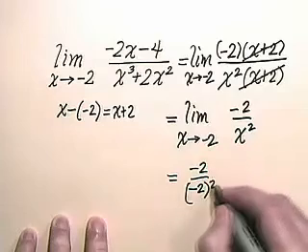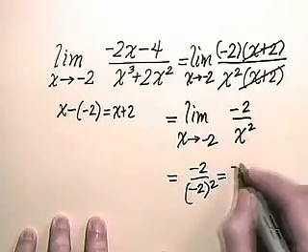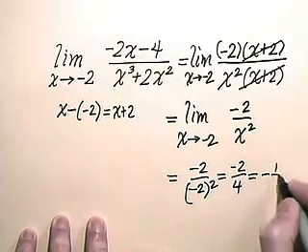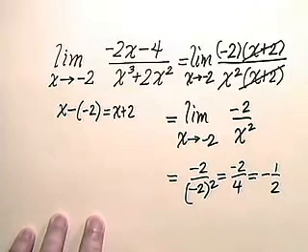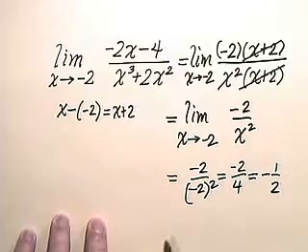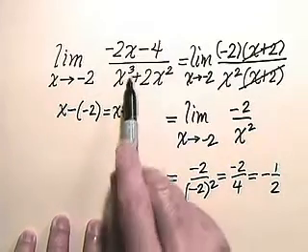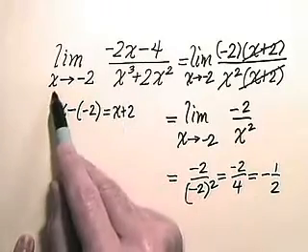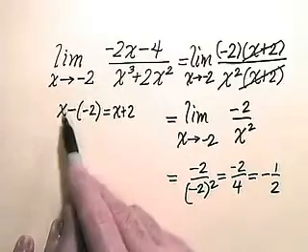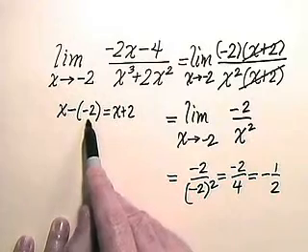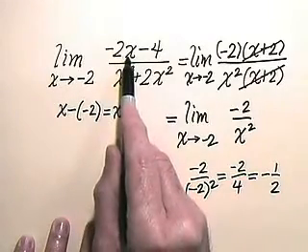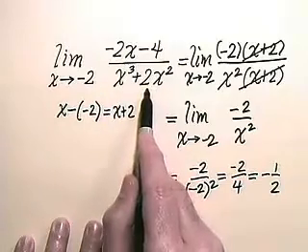So what happened here? We had a limit of the form 0 over 0. We're taking the limit as x approaches -2, so x minus -2, which is x plus 2, has to be a factor of the numerator polynomial, has to be a factor of the denominator polynomial. In this case, we had a third degree polynomial in the denominator, so the factorization could be a bit difficult, but fortunately it was easy.